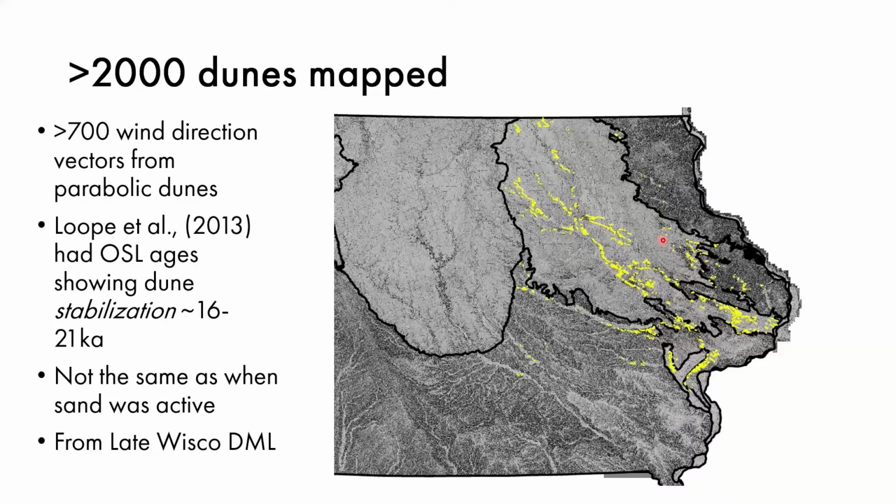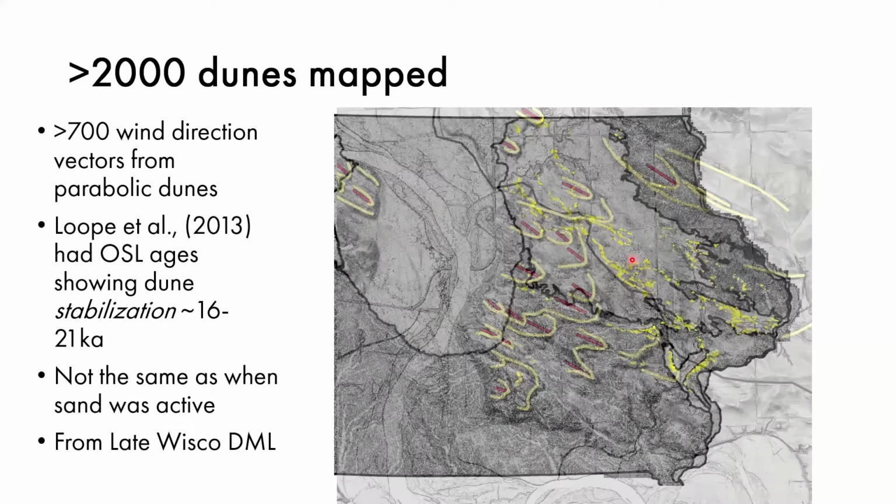So keep in mind, though, dunes form when the landscape starts to stabilize, when you get vegetation, or the source shuts off. But in this case, the climate's warming up. You're not going to have as much erosion from paraglacial stuff, but you're still going to have sand deflation until the dunes stabilize. So these dunes are young relative to the rest of the landscape, and there was also sand just blowing across it before the dunes had time to stabilize.